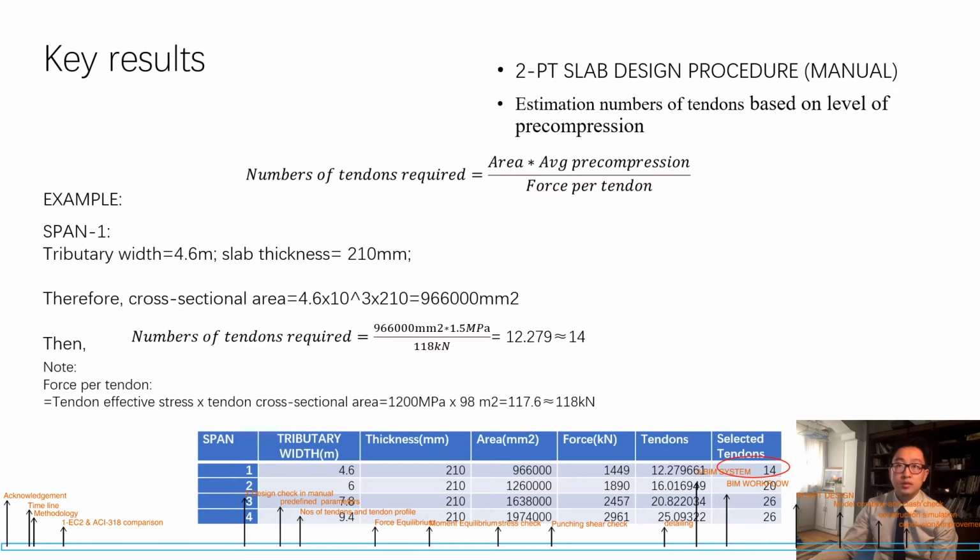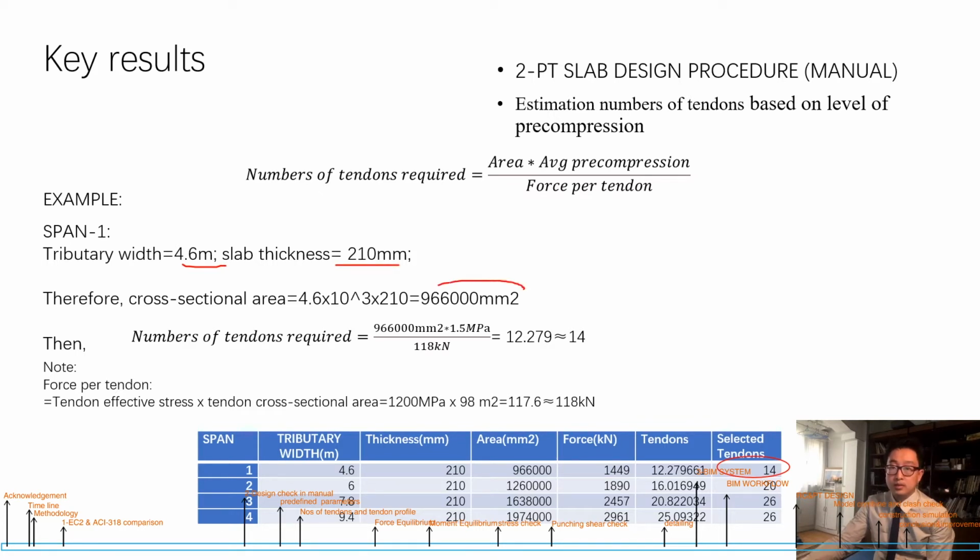Okay, so first we need to find how many tendons we need to use to carry a certain percentage of dead load. The formula to calculate the number of tendons required is area times average pre-compression divided by force per tendon. For example, in this span, the tributary width is 4.6 meters and the thickness is 210 millimeters.